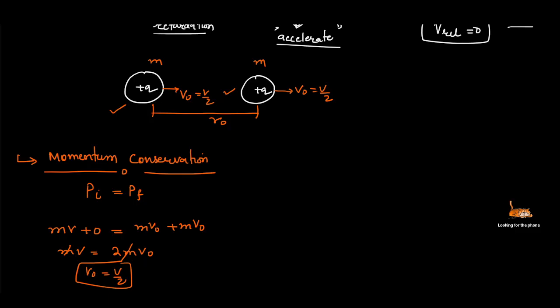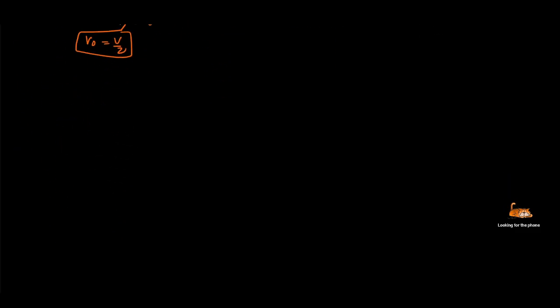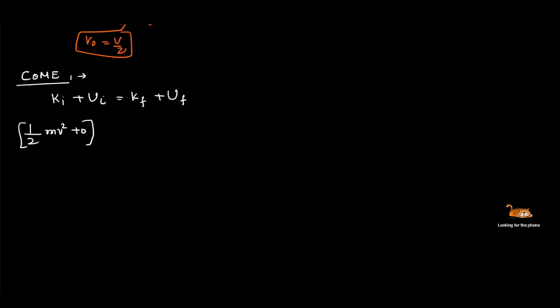Done. Now let us use the conservation of energy. The second point is conservation of mechanical energy. I write kinetic energy initial plus potential energy initial equals kinetic energy final plus potential energy final. Initially, one particle is in motion, 1 by 2 mv square, and the second particle is at rest. Initially both are at infinity, so potential energy is 0.